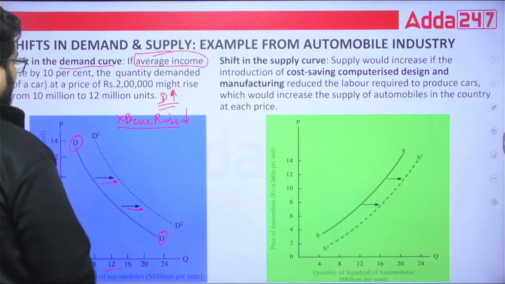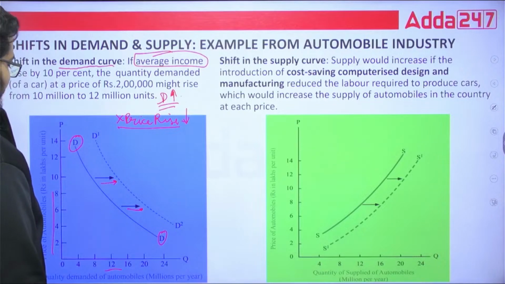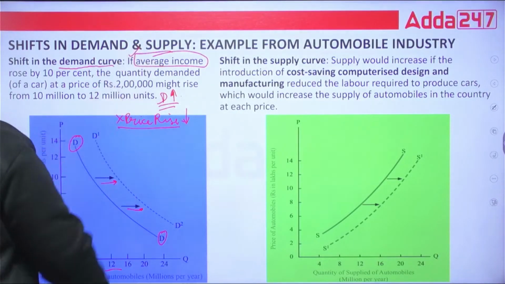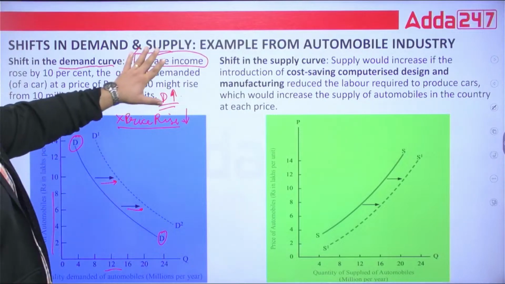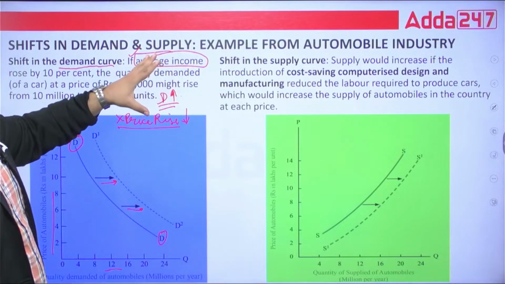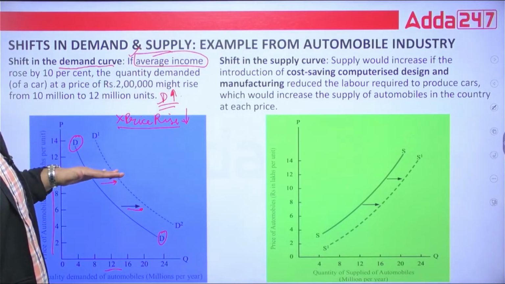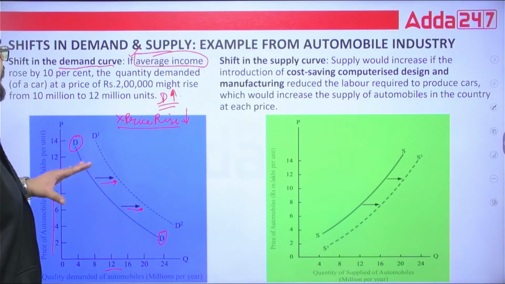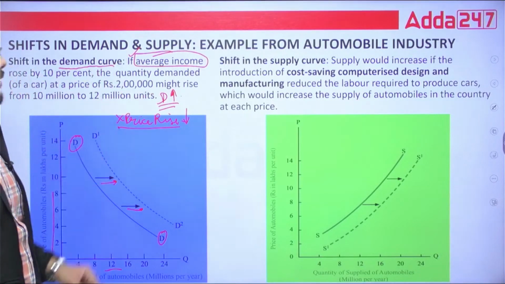The prices are the same, they are not moving much, but the demand is still increasing. Why? Because the income has increased. So in all such cases where demand is increasing because of whatever reason, given that prices are not making that much of a shift, we will say there is a shift in the demand curve.